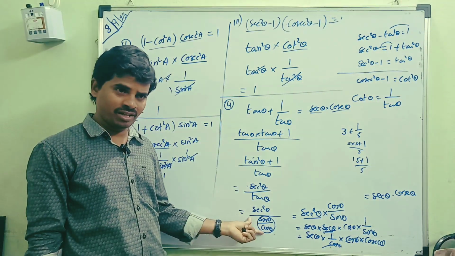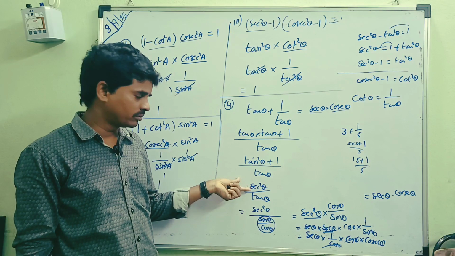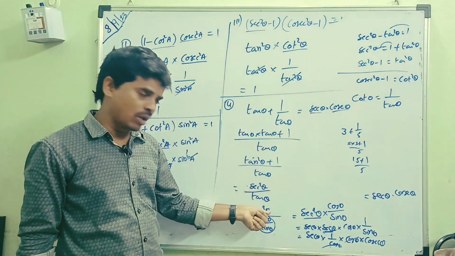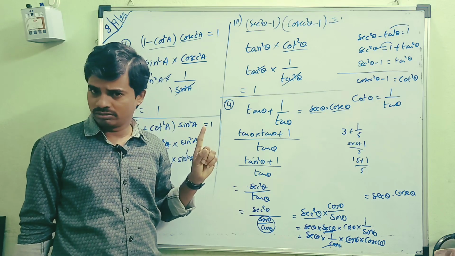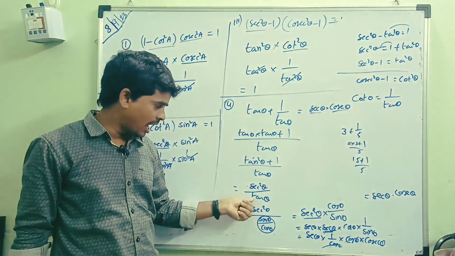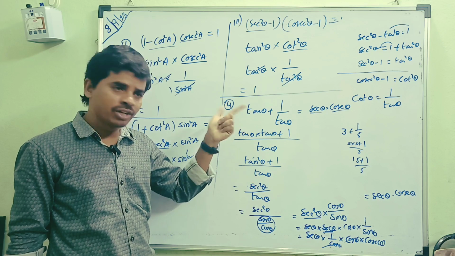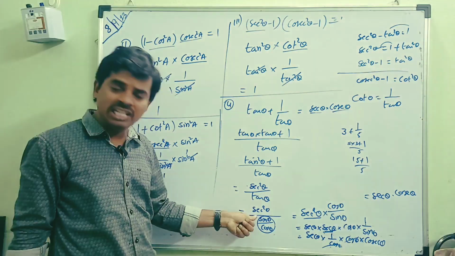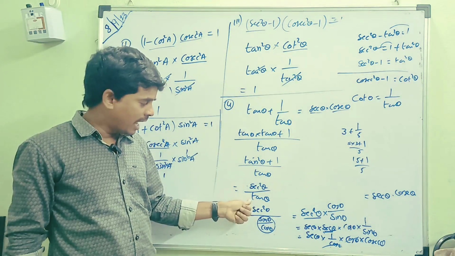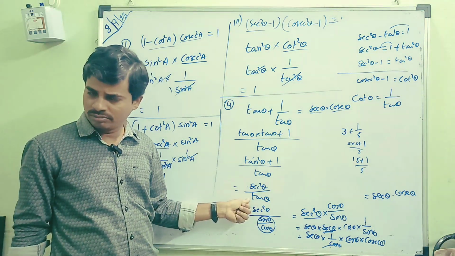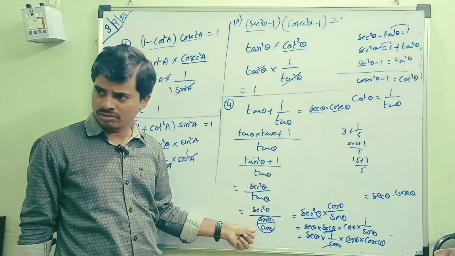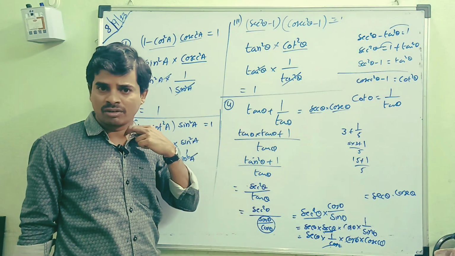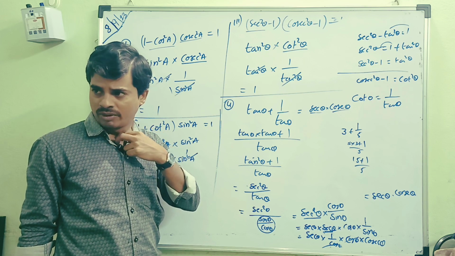So here the difficulty level starts. We need only one secant, but we got secant square, so one secant has to cancel. That is the first thing. And tan should not be there. We need to get cosecant, but we cannot get tan from the identity, so we used the reciprocal. Tan can be converted as 1 by cot and also sin by cos. We did not use 1 by cot because cot is not required there.